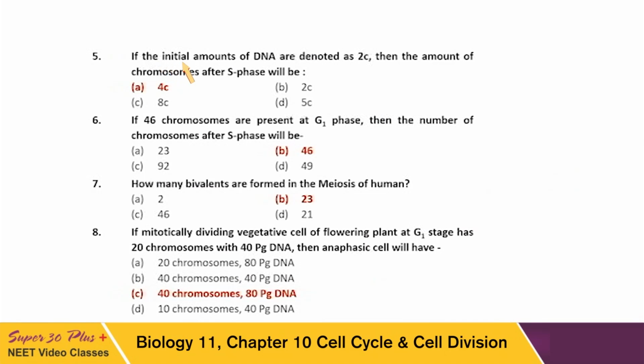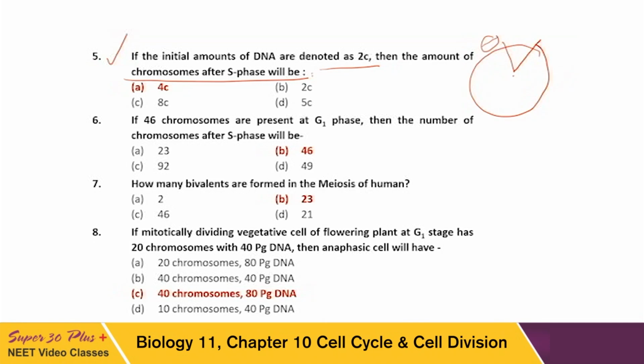See a few more questions. Initial amount of DNA is denoted by 2C, amount of chromosome after S phase. It's a very simple question, my dear children. I can repeat the number of chromosomes many times, and again I'll give a very clear-cut view of this question. You see here, this is the cell cycle, this one is M, right? This is the cell which is dividing.